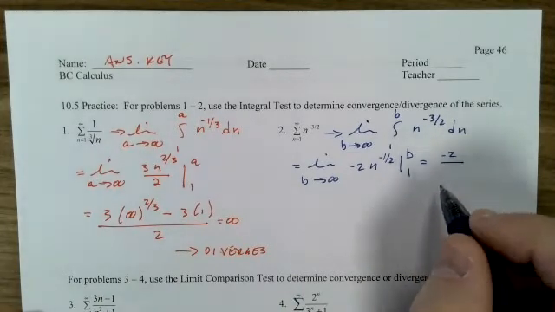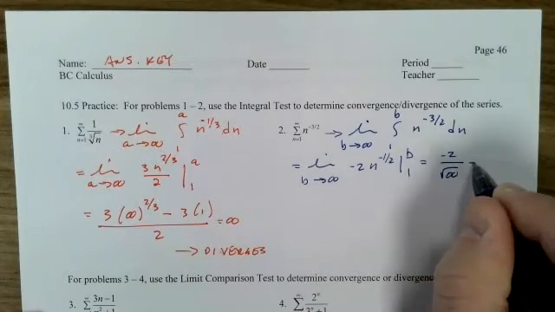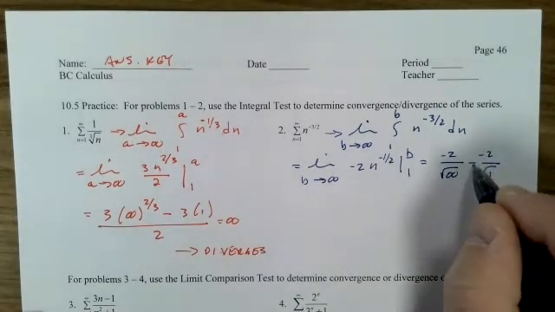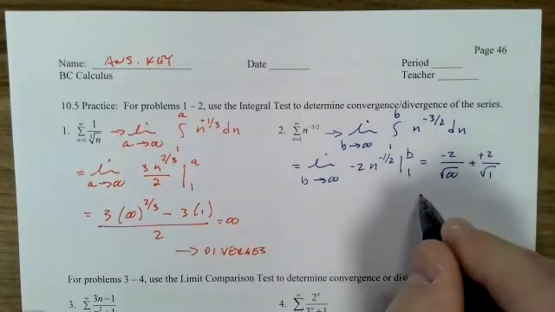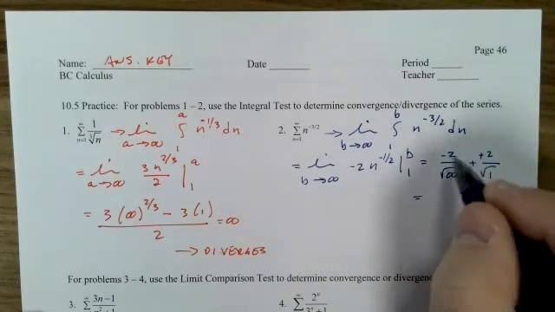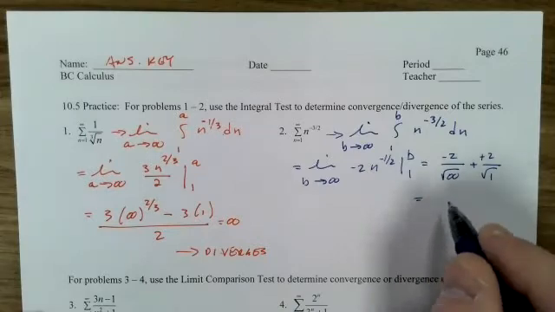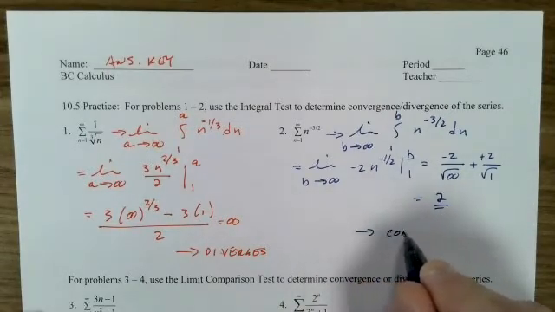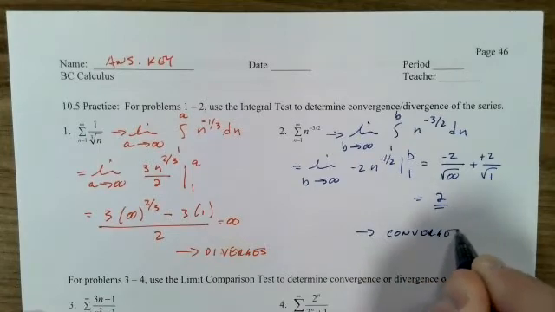Equals negative 2 over square root of infinity minus negative 2 over square root of 1, which is 0 plus 2. Converges.